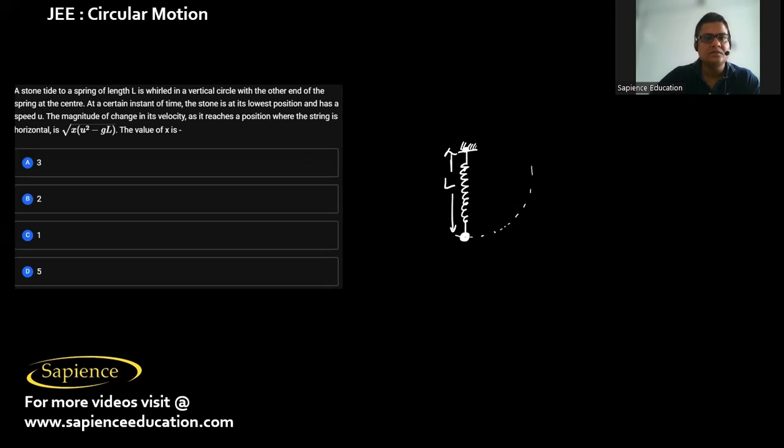At a certain instant of time, the stone is at its lowest position and has a speed u. The magnitude of change in velocity when it reaches a position where the string is horizontal is... so it should be string actually. Here it is written spring, but it should be string, not spring. Okay.